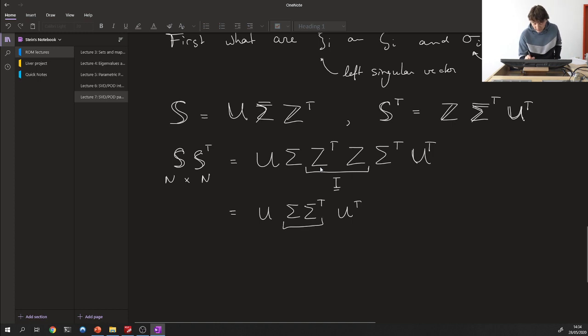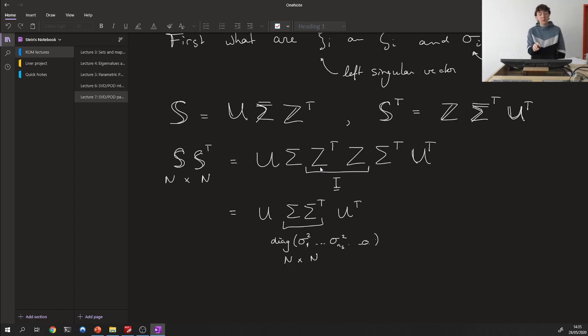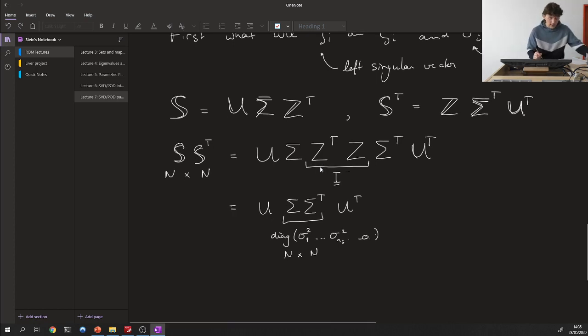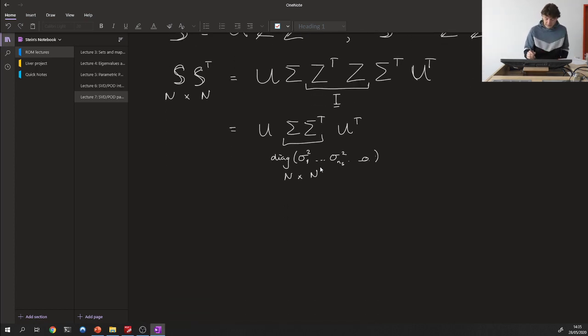Yeah? So if we collect this, this also becomes a diagonal matrix, which starts with sigma 1 squared, then it goes to sigma n squared, and it still has a whole bunch of zeros on the end, because again, this is now an N by N, a very big matrix. The first ones are filled, the last ones are not, but still, this is a diagonal matrix. We have an orthonormal matrix sitting up front, and we have the transpose of that orthonormal matrix sitting in the back. So what we see right now is that U is actually filled with the eigenvectors of this S S transpose.